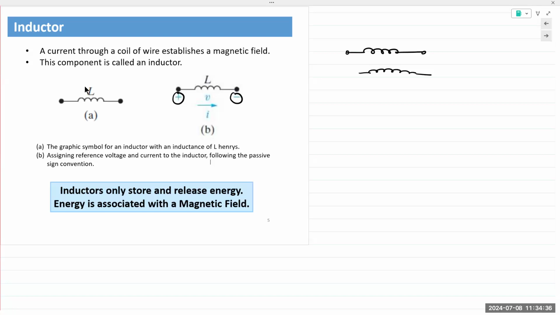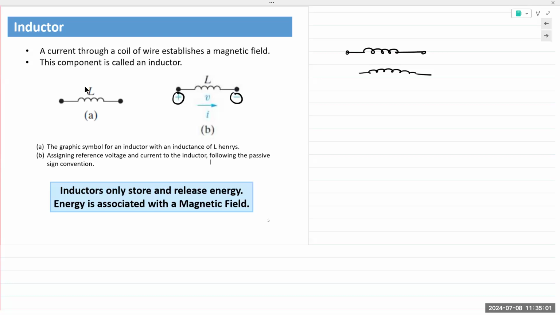Now, the technical definition of inductance: 1 Henry of inductance is the level of inductance that will produce 1 volt across its terminals for every change of 1 ampere per second in the current flowing through it.